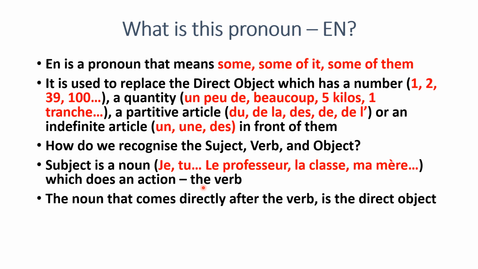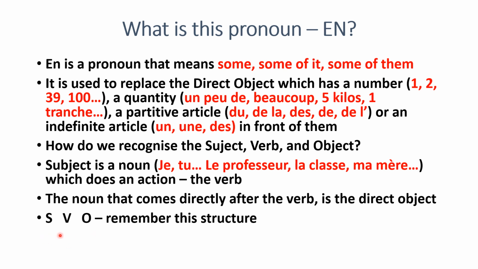All right? And the noun that comes directly after the verb. So the first noun does an action, which is the verb. And the second noun that comes after the verb is the direct object. It should come immediately after the verb. That is a direct object. It is directly coming after the verb. All right? So remember the structure SVO.